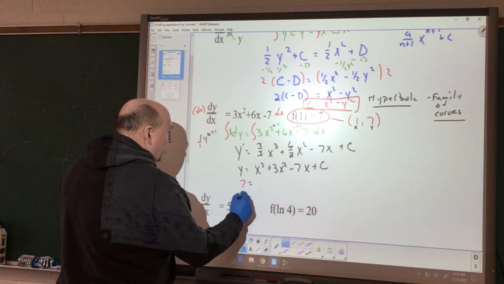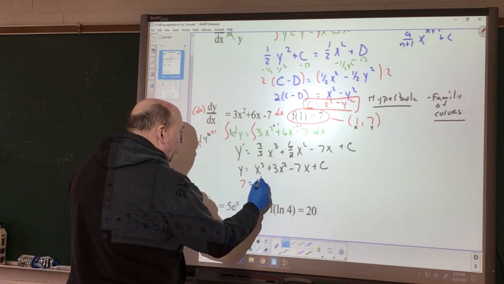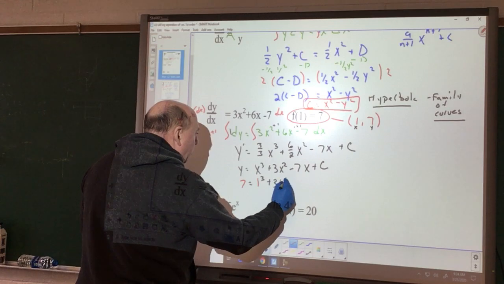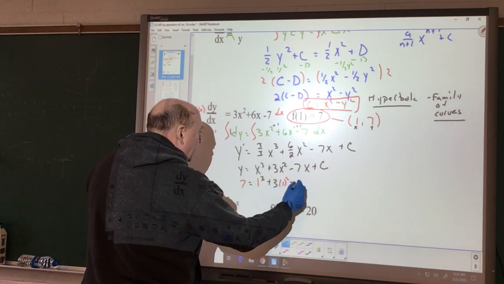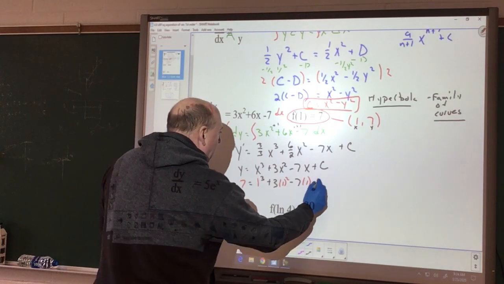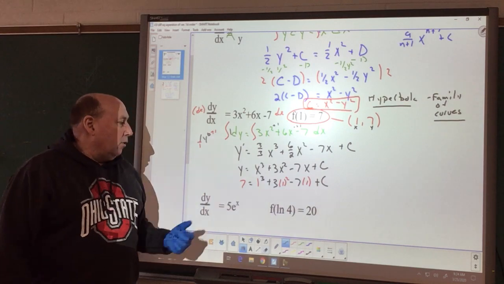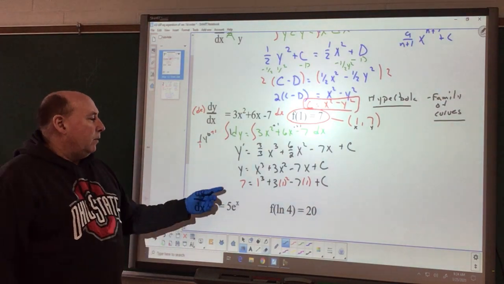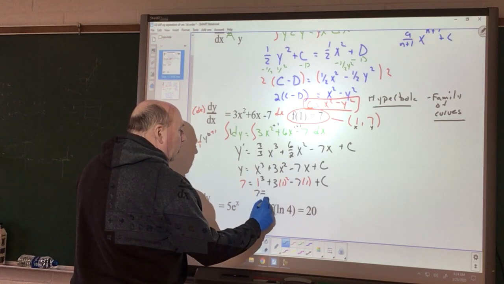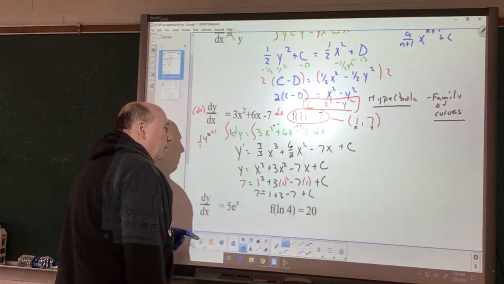This is equal to my x value, which is 1 to the 3rd, plus 3 times 1 squared, minus 7 times 1, plus c. So now we have a little equation that we can use to solve for c. So we have 7 equals 1 plus 3 minus 7 plus c.